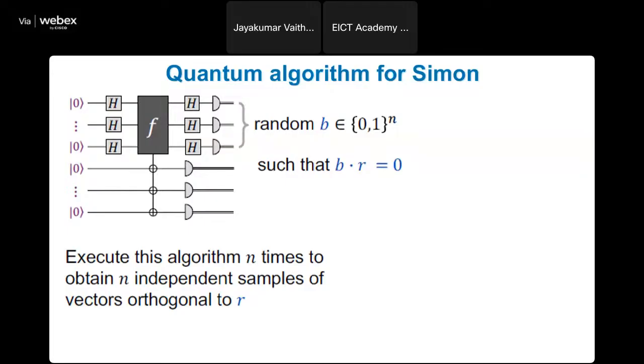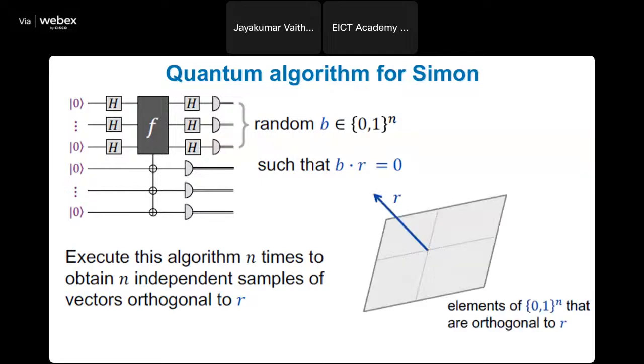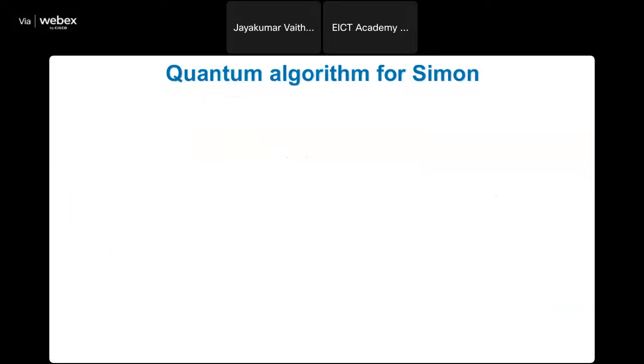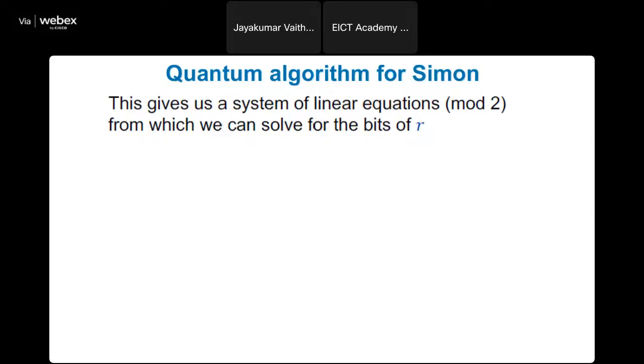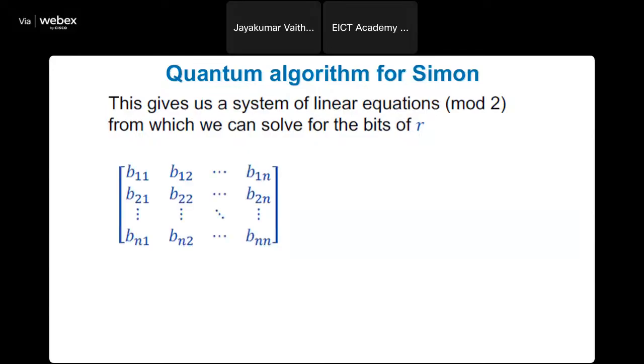So we need to execute this algorithm n number of times to obtain n independent samples of vectors which are orthogonal to R. This will give us a system of linear equations mod 2 from which we can solve for all the bits of R. So each and every output B state vector multiplied with your R state equals 0.